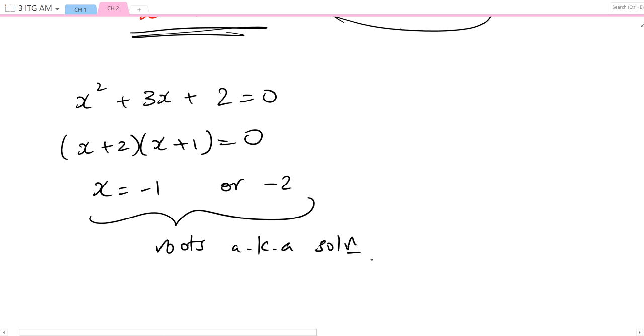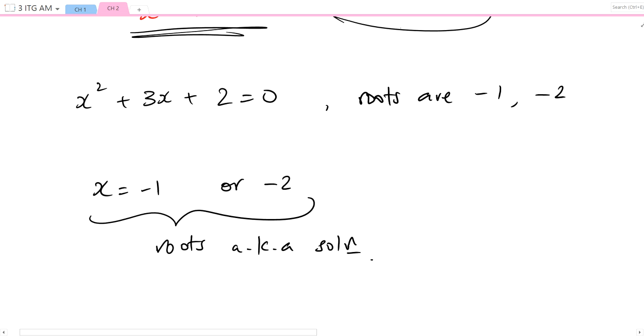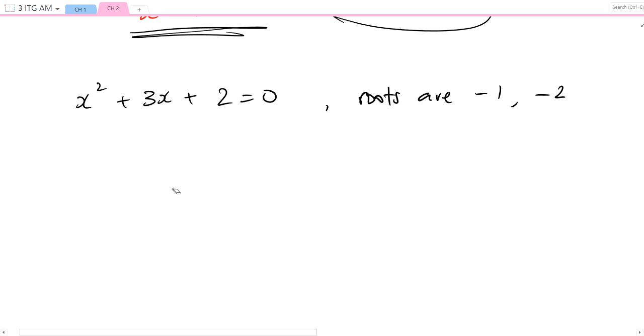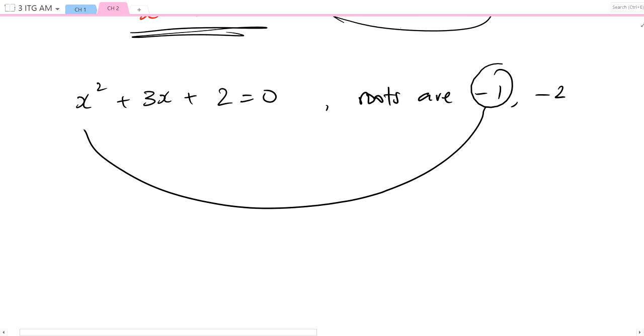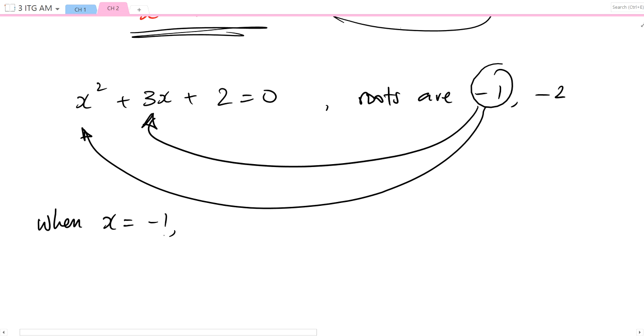Okay? So, if I didn't give you all these things, and then tell you, okay, roots are negative 1 and negative 2. What this means is that I can substitute this value inside here and the equation will work. For example, when x equals to negative 1, I've got negative 1 squared plus 3 times negative 1 plus 2.